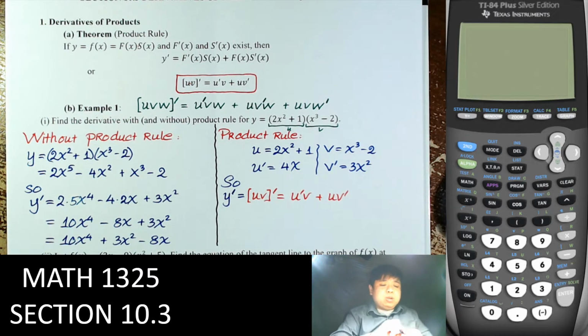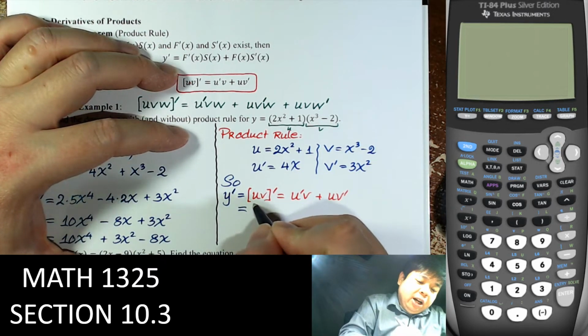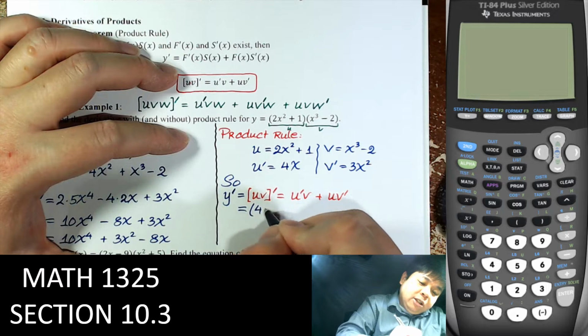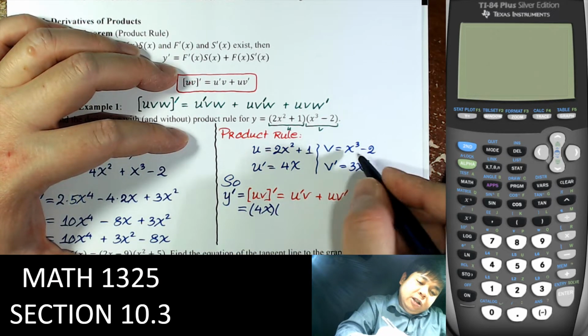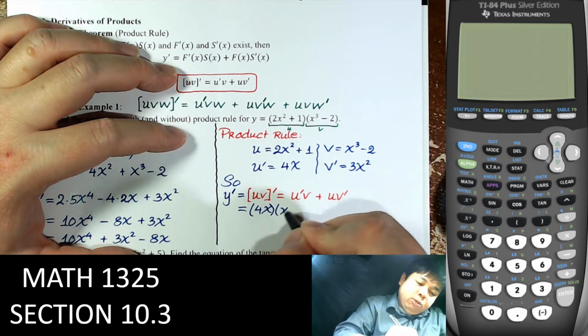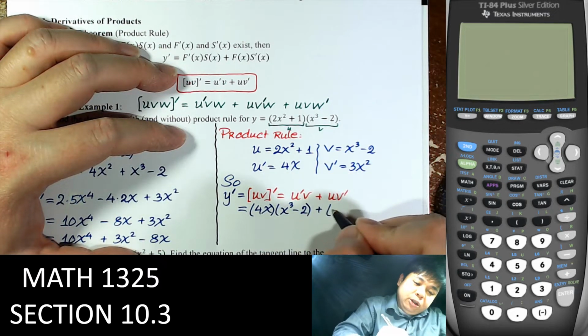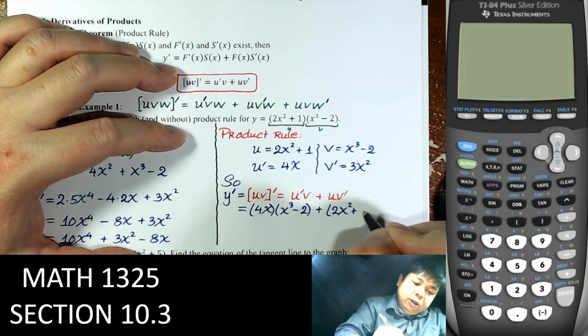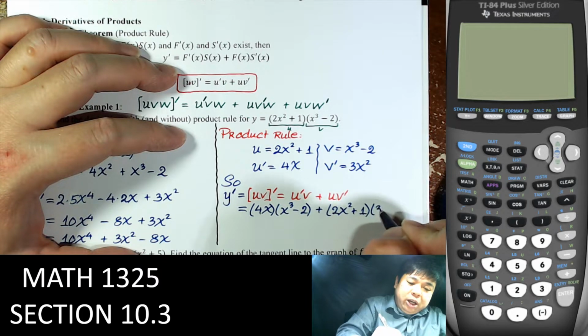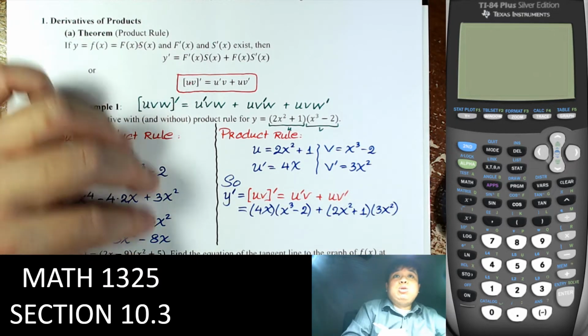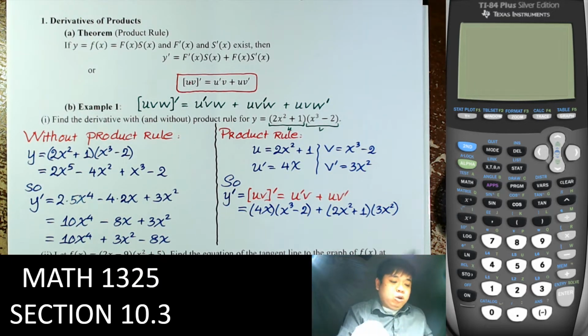Just put everything in here: u prime is 4x, v is x cubed minus 2, plus u times v prime, which is 3x squared. Now multiply. Of course we can multiply it out and simplify. We should expect to have the same thing here.